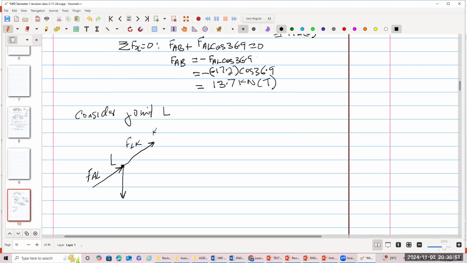That's an assumption. This one will have two components, and this one will have two components.